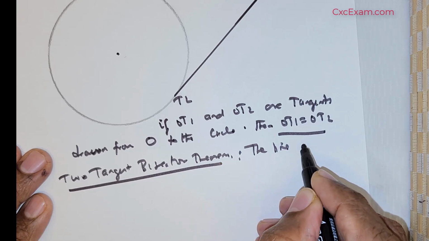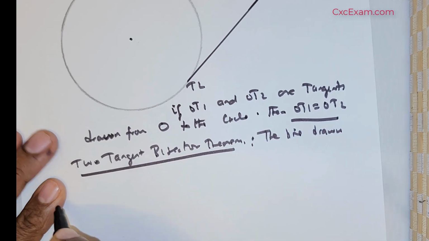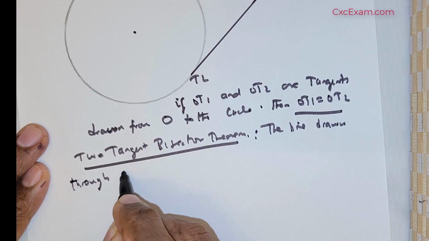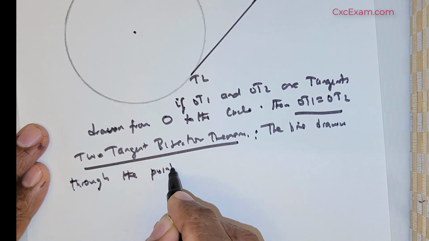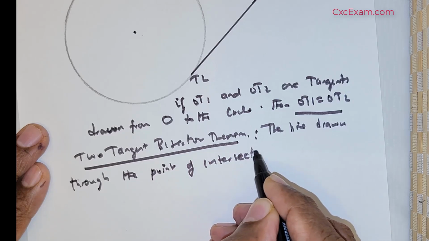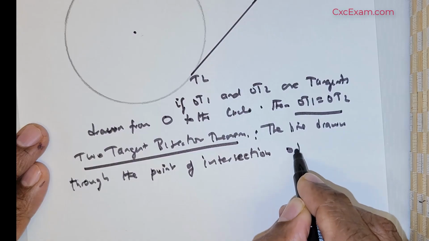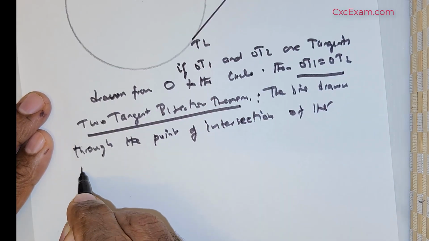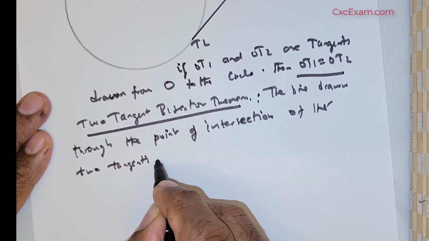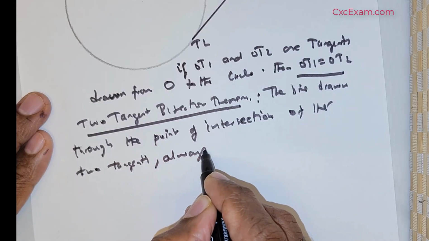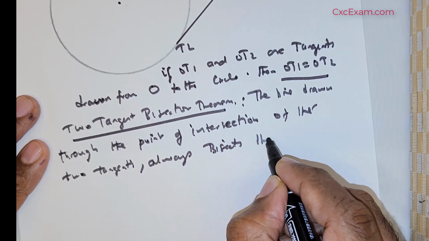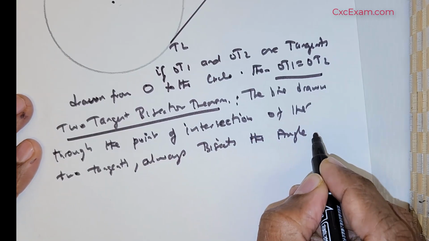The line drawn through the point of intersection of the two tangents always bisects the angle between them.